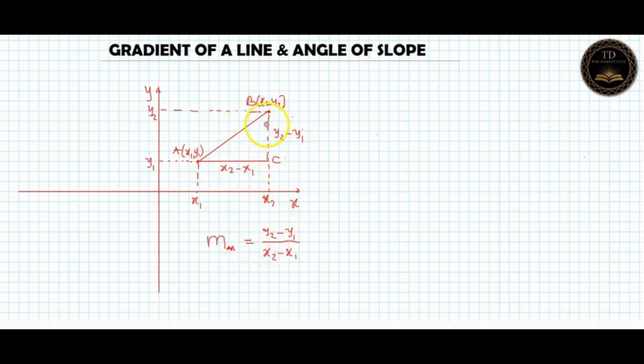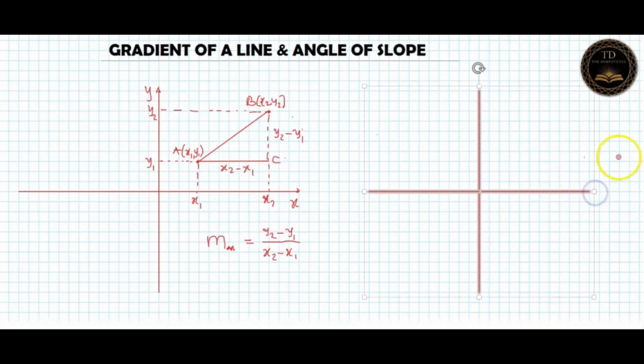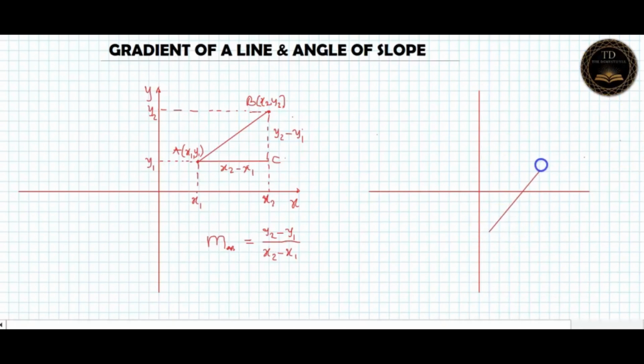Okay, now how is this formula related to the angle of slope? So let's look at the angle of slope quickly. So let's say we have another line. Let's draw a Cartesian plane, drawn this way, and then we have a line running from, let's say, from here to here.